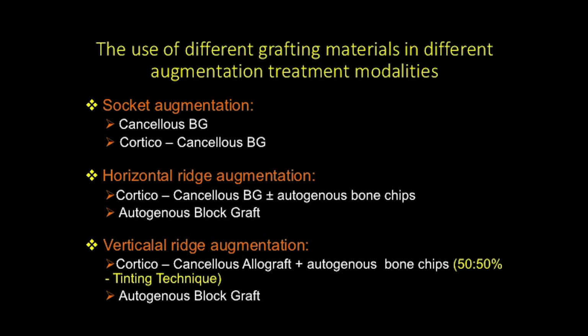In case of vertical ridge augmentation, mainly you have to use corticocancellous allograft plus autogenous bone chips, 50-50%, with the tent technique, or from the start use autogenous block graft. So it depends on the defect size and the material and the technique you are using for this patient.